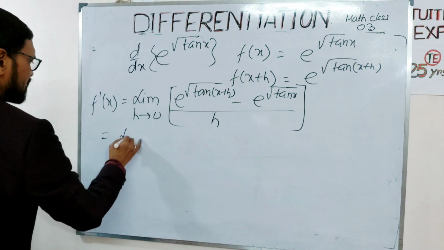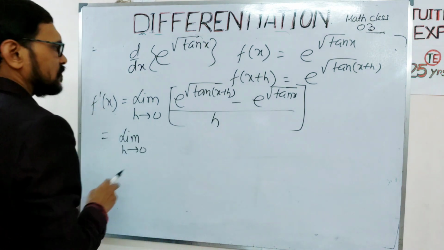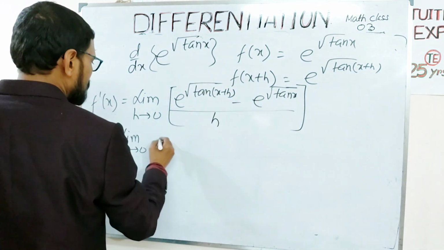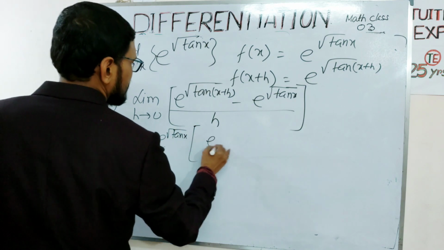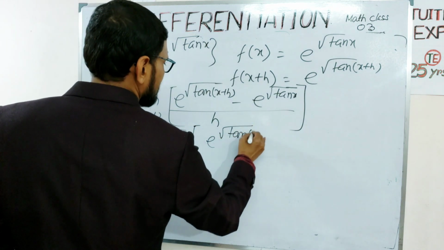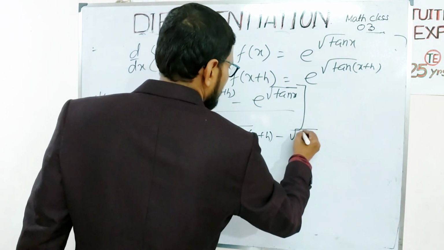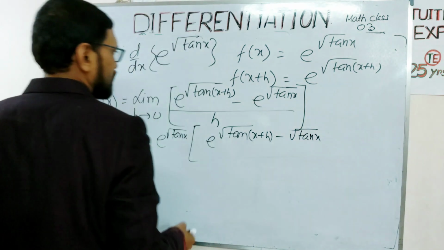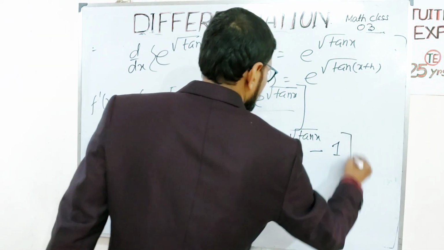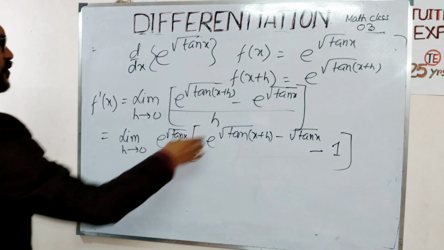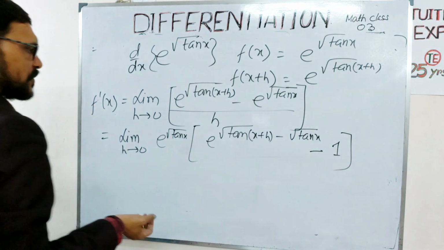So this becomes limit h tends to 0. Now take common e to the power root tan x. First take this common: e to the power root tan of x plus h minus root tan x, minus 1. Understand? If we take common e to the power root tan x from this term, what happens?